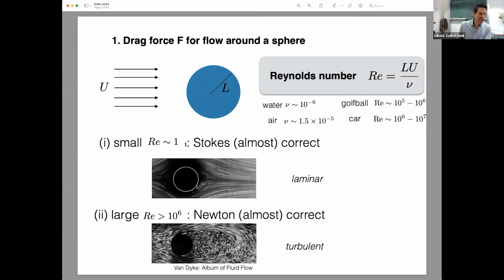Essentially, a small Reynolds number refers to laminar flow, and in this case the formula of Stokes is more or less correct. But if the Reynolds number is large, it doesn't have to be too large, like the back of a car, Newton is almost correct.